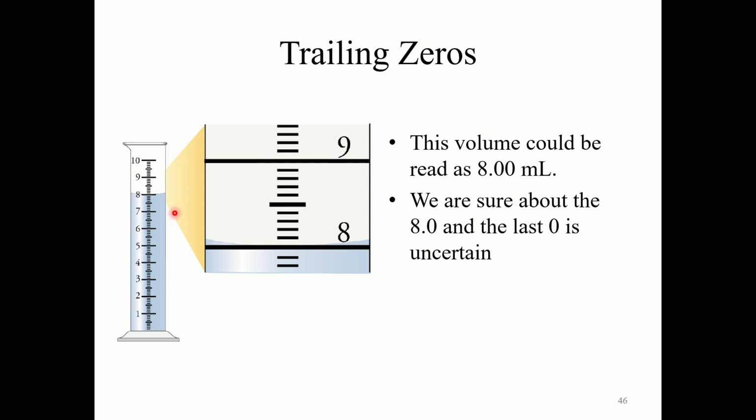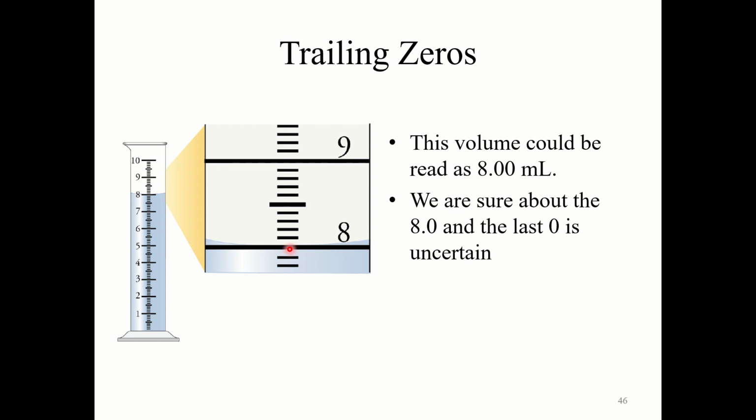If we're doing this with a more precise instrument, so let's say I have a graduated cylinder that's marked every 0.1 milliliters. So here the meniscus falls right on the line. So here we are certain that this water has a volume of at least 8.00 milliliters, and then you would estimate your final digit. But because this water falls directly on the line, this would actually be read as 8.00.